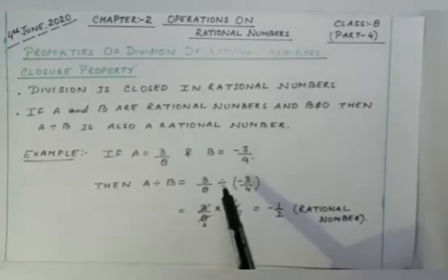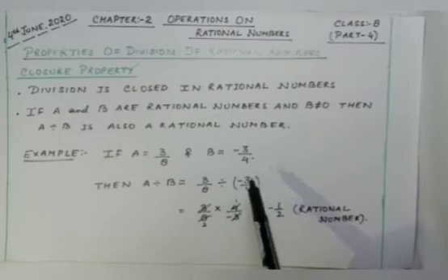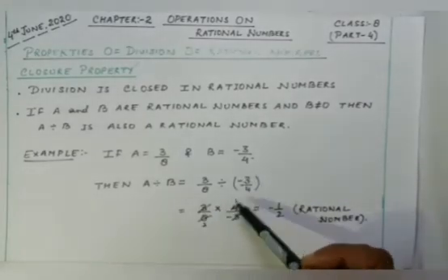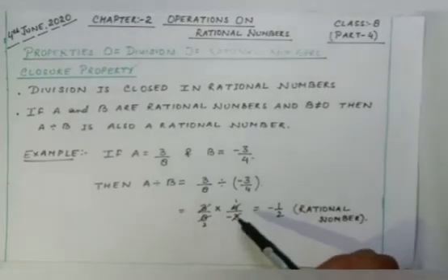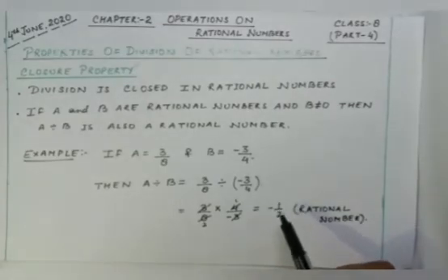When I remove the division sign, it will become multiplication and the number will be reciprocal. So it will become 3 upon 8 multiplied by 4 upon minus 3. 3 cancel, 4 ones are 4, 2 twos are 4. So what is left? Minus 1 upon 2. That is also a rational number.